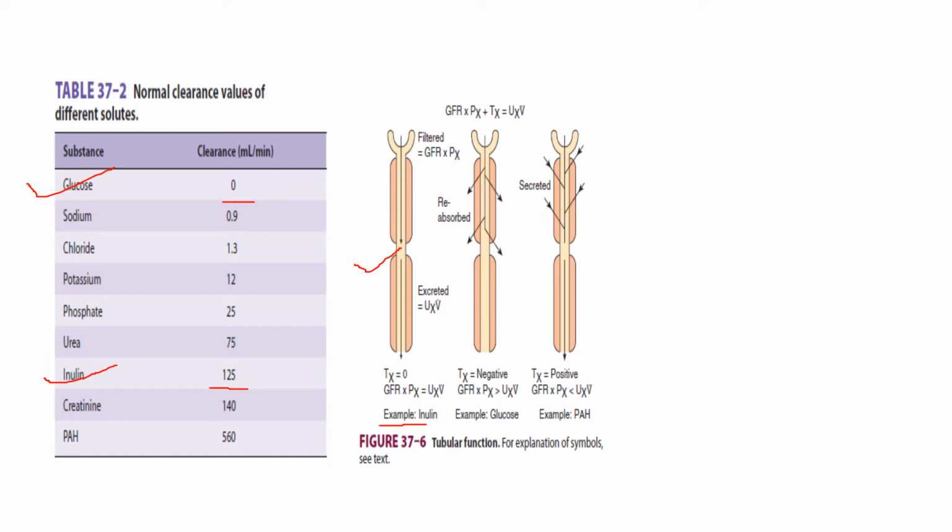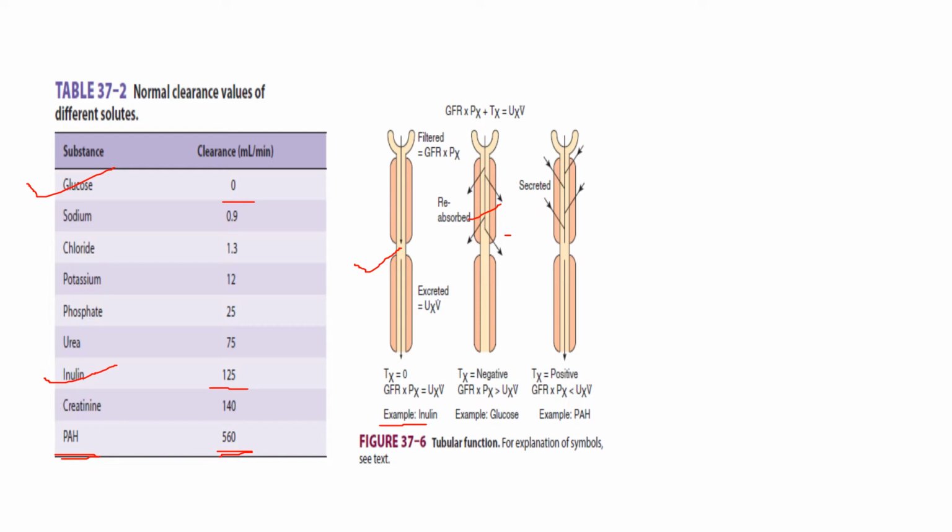If the clearance is less than GFR, that means there is net reabsorption of the substance. The example is glucose. Another condition is para-aminohippuric acid, where the clearance value is 560 ml per minute, much greater than the GFR.